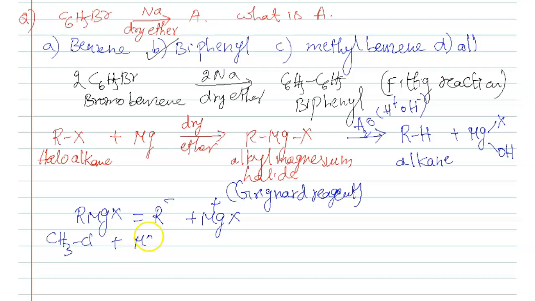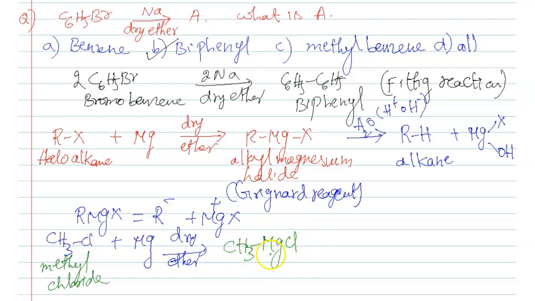CH3Cl reacts with Mg in presence of dry ether and forms what? So students, what is the answer? CH3Cl means methyl chloride. So CH3MgCl, Grignard reagent, methyl magnesium chloride.